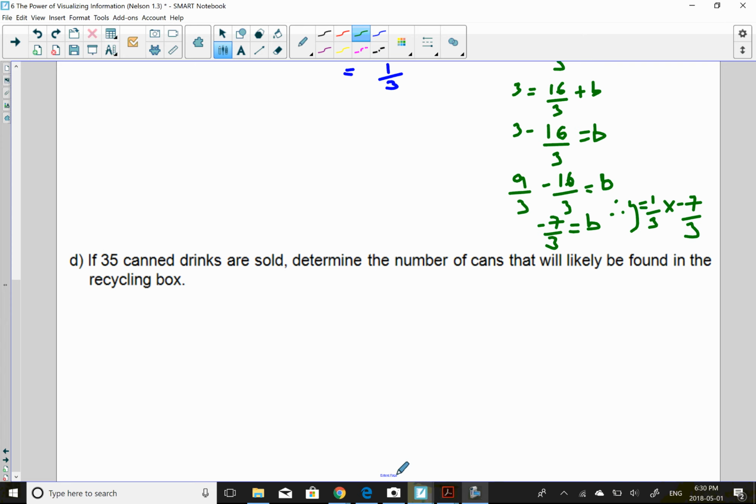Okay. And like I said, this equation can help us make predictions. So 35 canned drinks are sold, and determine the number of cans that will be found in the recycling bin. Well, x is the number of canned drinks sold.